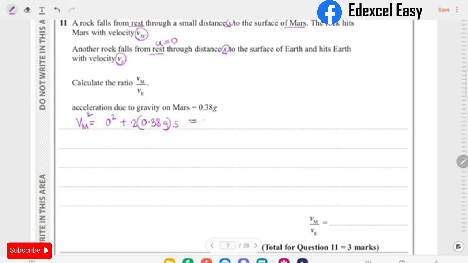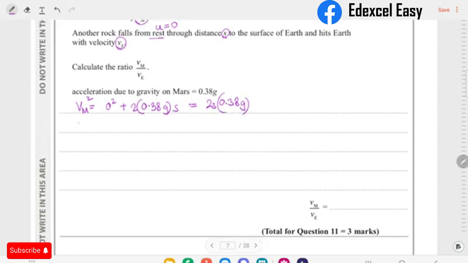So for vm square you get 2 times 0.38 g s. For ve, again we're using the same equation. That's going to be 0 square plus 2gs, which is just 2gs over here.